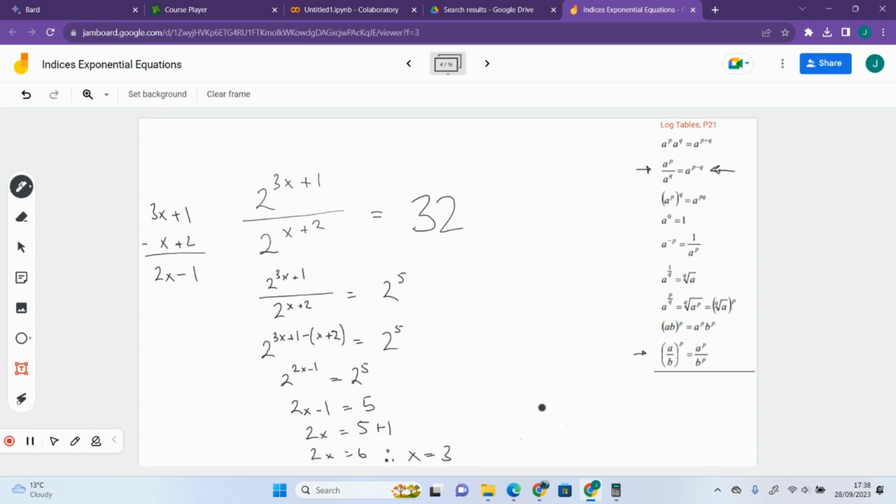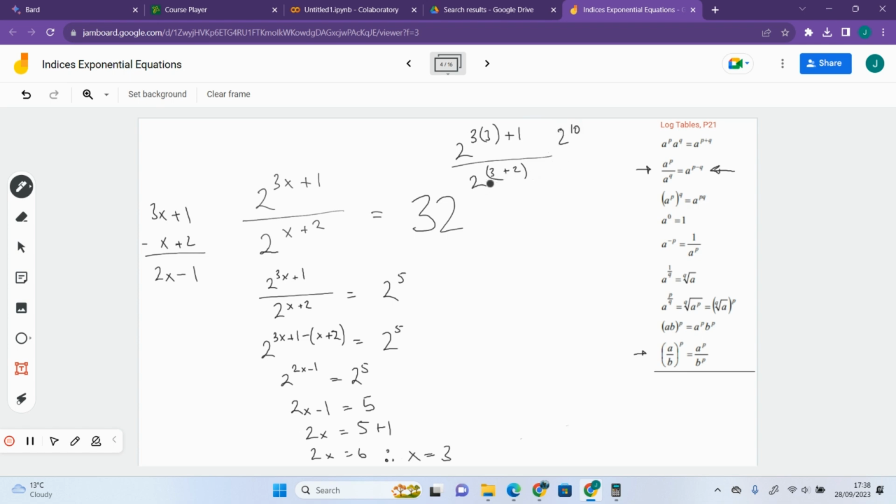Now let's verify that it's right. 3x, so that's going to be 3 3's plus 1. Let's just write the whole thing, and this part is 3 plus 2. So 3 3's is 9 plus 1 is 10. So that's 2 to the power of 10.